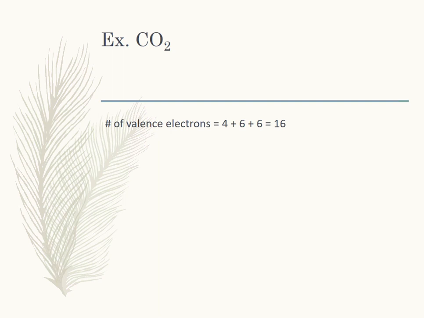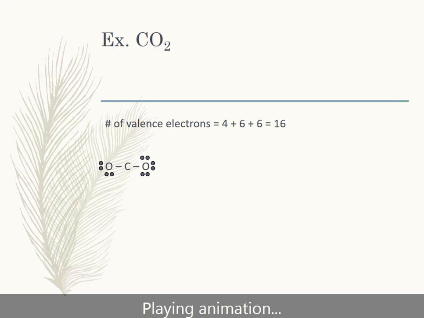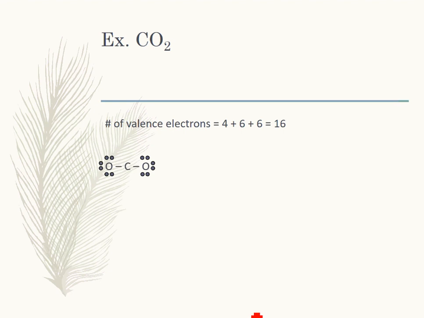Carbon dioxide. Carbon dioxide has 16 valence electrons. There's the skeleton drawing of carbon and the 2 oxygens surrounding. If we go ahead and place electrons until we run out around the periphery, we don't have any issue there, but we run into the fact that carbon only has 4 electrons in that drawing. So that's not going to work.